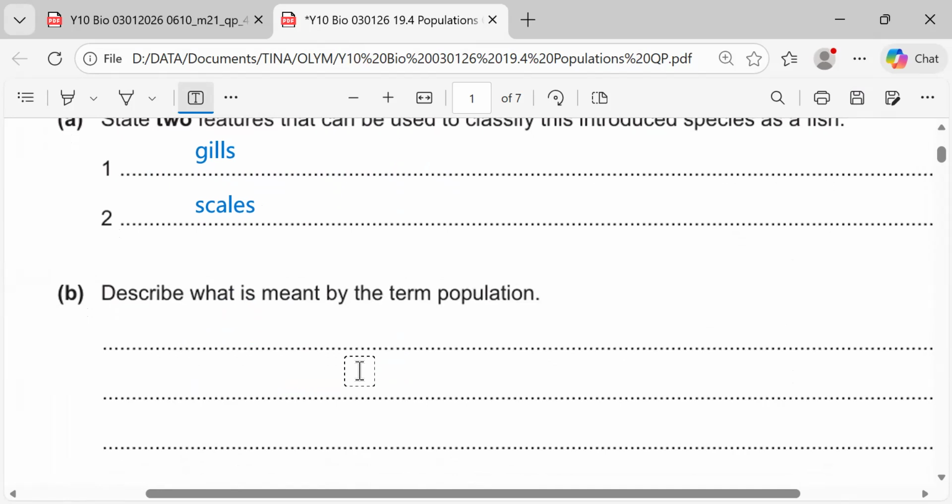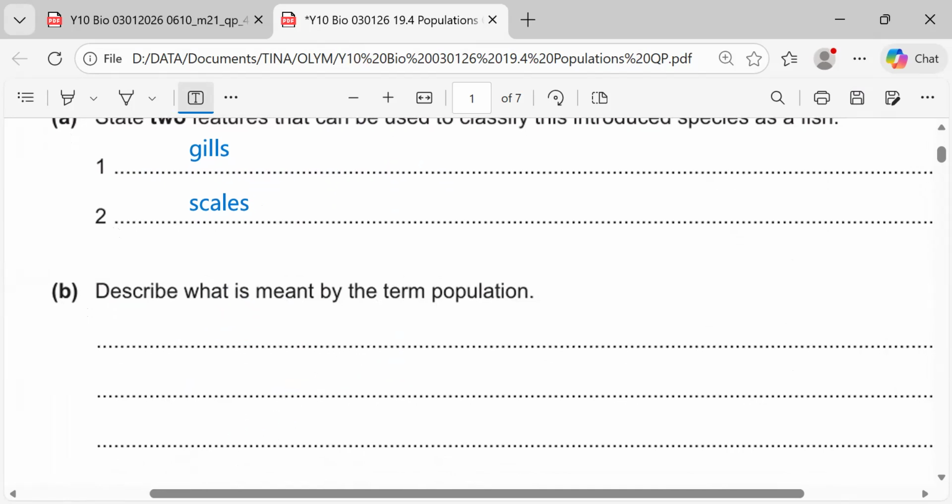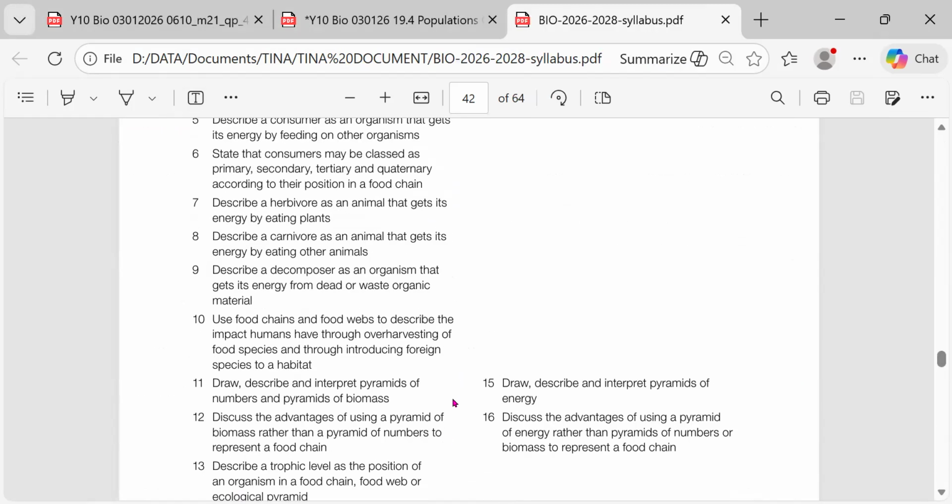Look at your syllabus content. You cannot just go by feeling; a definition goes by what is the actual word.